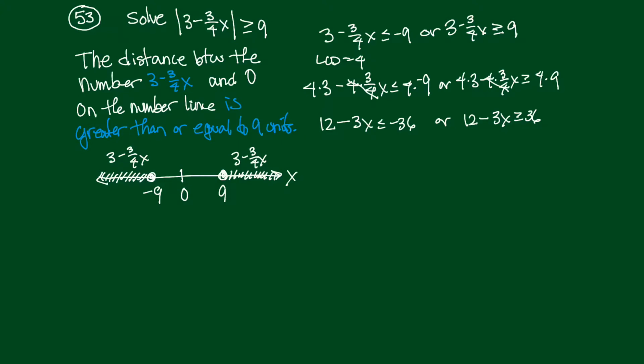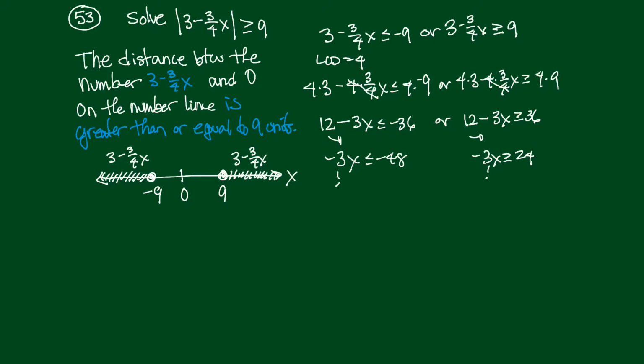So in each case, we're going to subtract 12 from each side. So I'm going to get -3x less than or equal to, now -36 minus 12 is -48. And over here, if I subtract 12, I get -3x greater than or equal to 36 minus 12, which is 24.